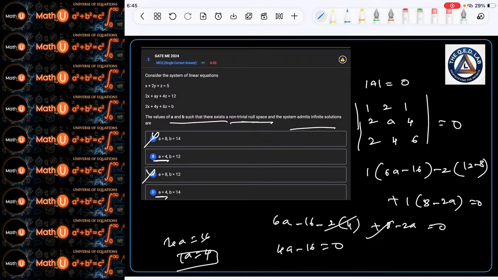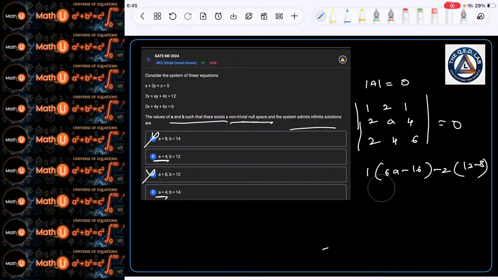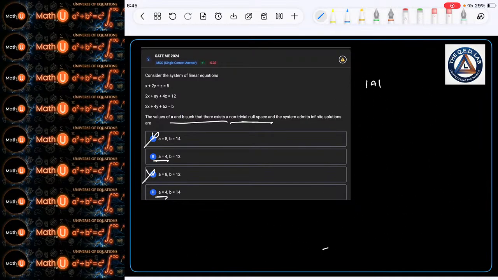Now we check b. Let's check. Find the determinant of these coefficients. If it has infinitely many solutions, this determinant should also be equal to 0.